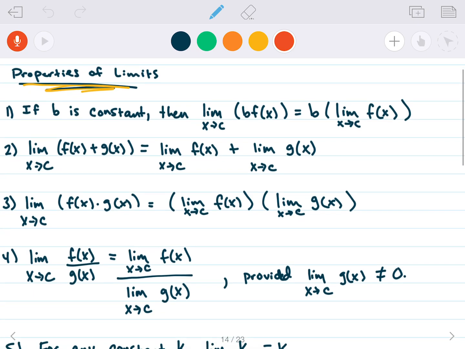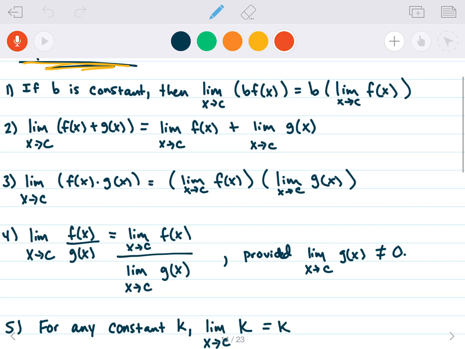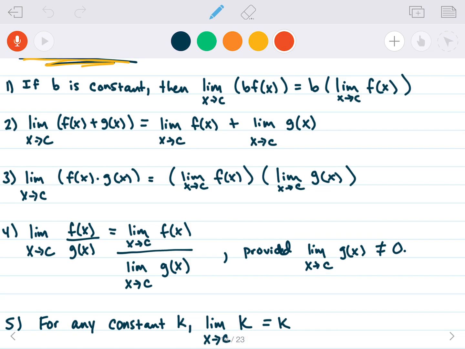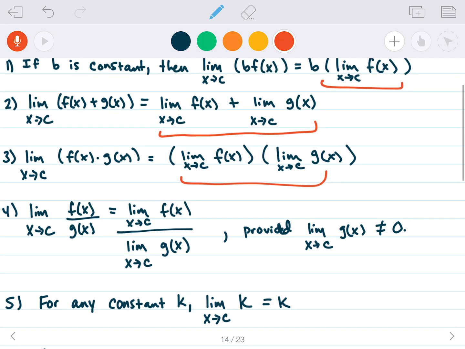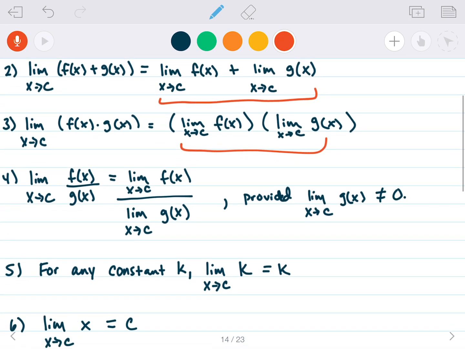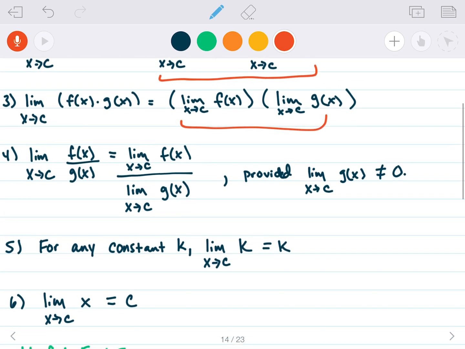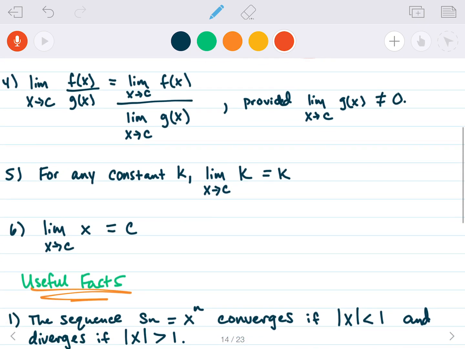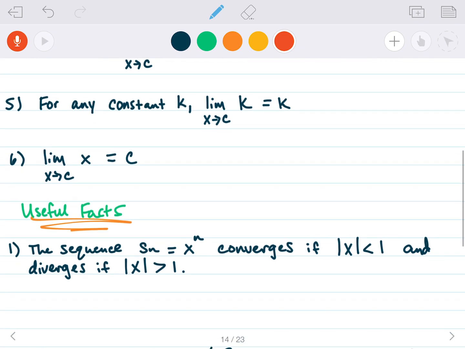You guys have used these a bunch of times before: the product property, the sum property, pulling the constant out of the limit, all of that stuff. So here are all the properties of limits and some other useful facts that we're going to be using here.